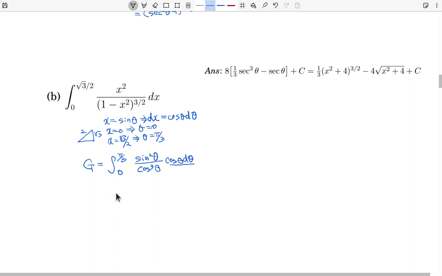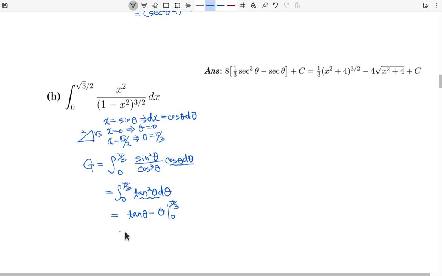Now, this is the same as the integral from 0 to pi over 3 of tangent, canceling one cosine, and sine squared over cosine squared is tangent squared theta d theta. That is sec squared minus 1, so the antiderivative of sec squared is tangent theta, and of 1 is theta, and we evaluate at pi over 3 and 0.